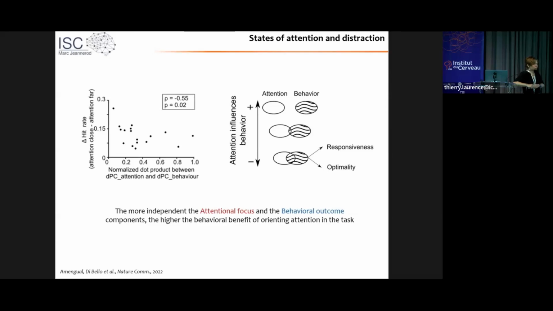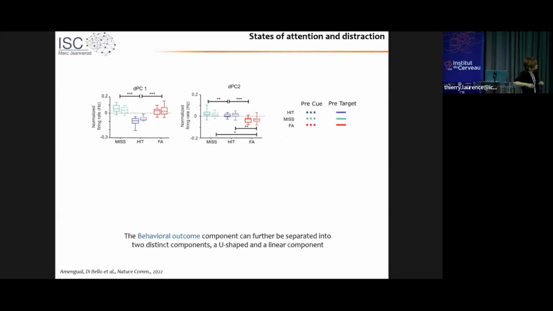So in other terms, what this means is that probably orthogonalizing these two components is energy costly. It requires control from the animal, and the more successful is the control, the higher is the information that can be drawn from orienting attention.